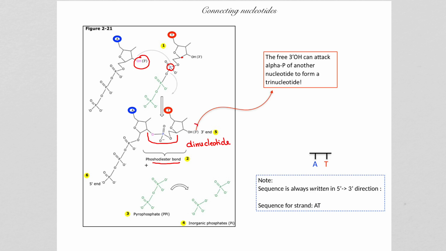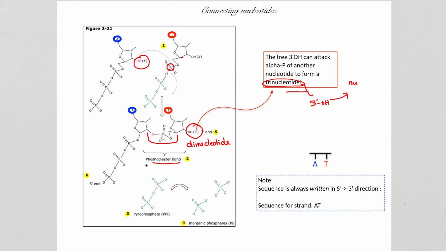And then we have again the free 3' hydroxyl group of a nucleotide in the dinucleotide, and this hydroxyl group can of course attack another nucleotide to form trinucleotides, and that trinucleotide will again have a 3' free hydroxyl group which can attack another nucleotide phosphorus and form another longer nucleic acid, tetranucleotide, pentanucleotide, and so on.